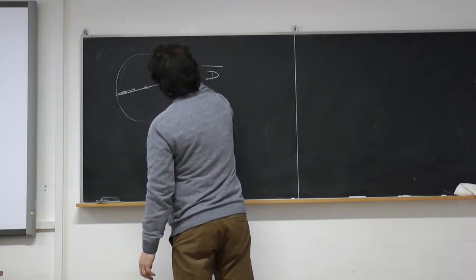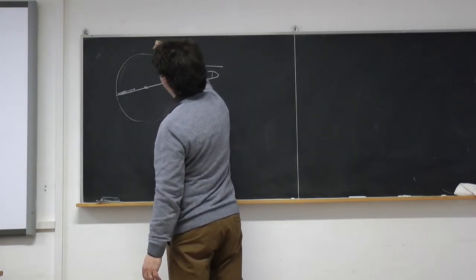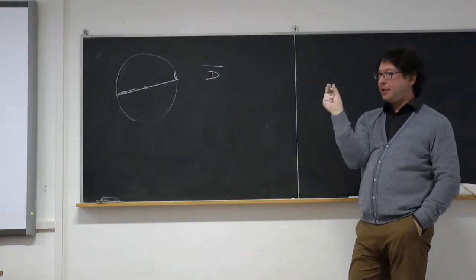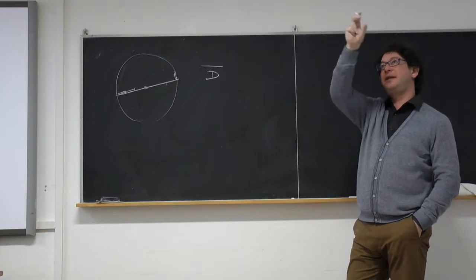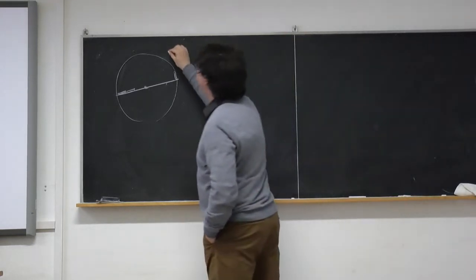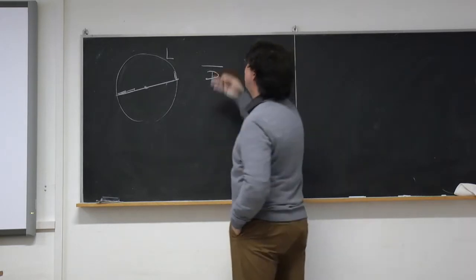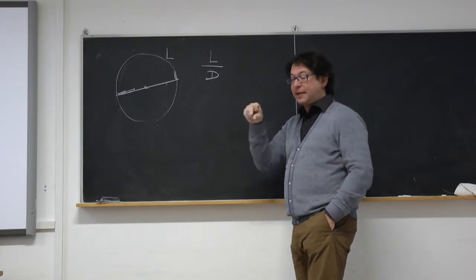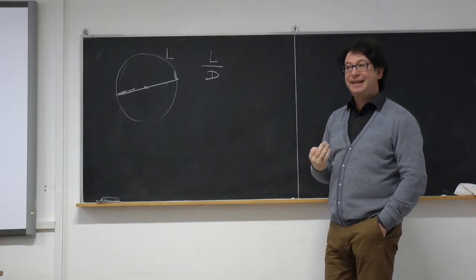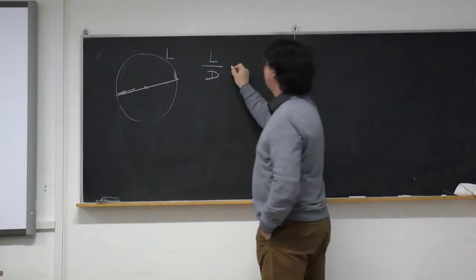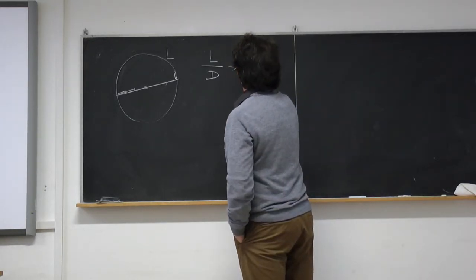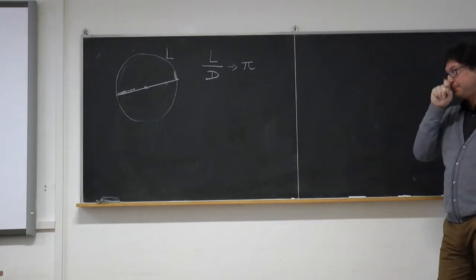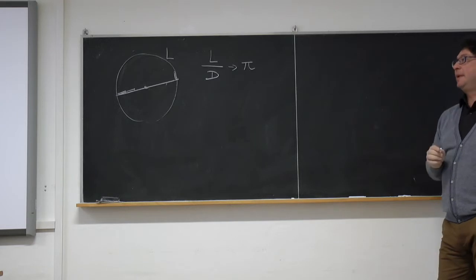Then you can work out how many times the meter rule, elementary unit of length, should fit into the circumference. It should obtain a certain length L. And of course, if the meter rule is small enough, and if you do the measurement correctly enough, you should tend to L over D, you should tend to pi. L over D is always pi.